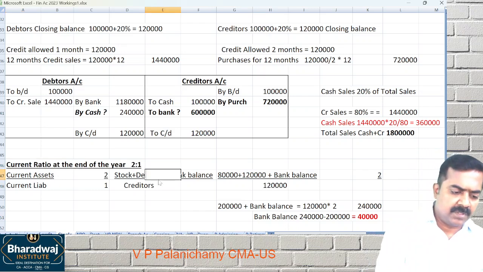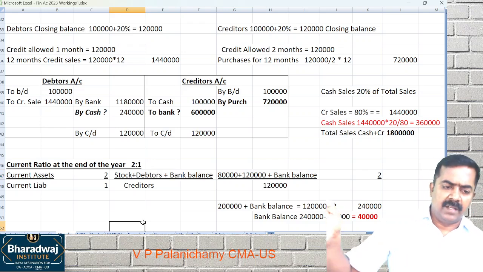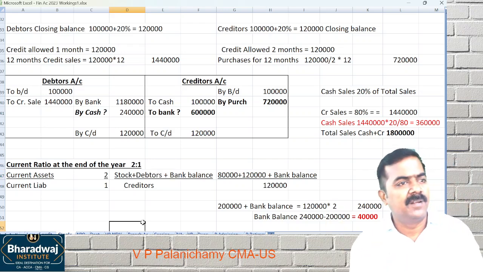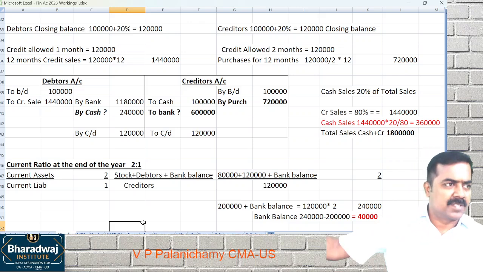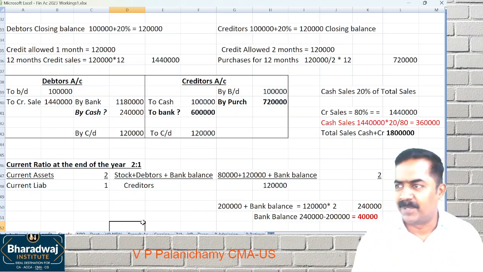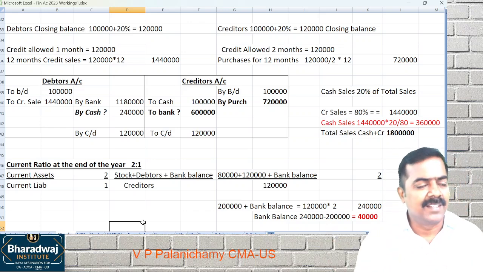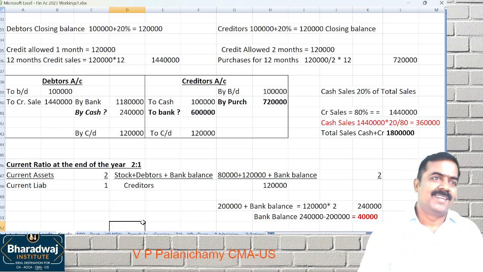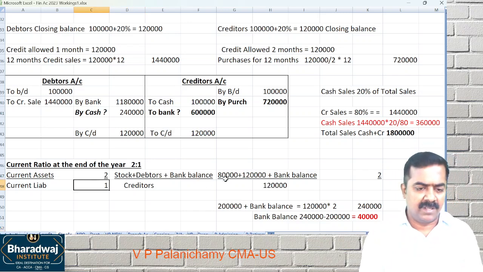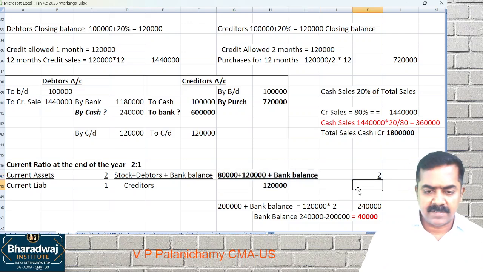Current ratio will be like current assets by current liability. Of course, current assets-ல we'll have bills receivable, prepaid expense எல்லாம். Creditors, bills payable, outstanding expense எல்லாமே இருக்கும். But for this business, the current liability includes only creditors. So if this is 2:1, based on this ratio, we work out the bank balance.